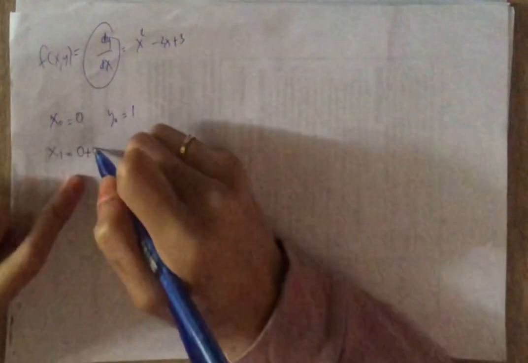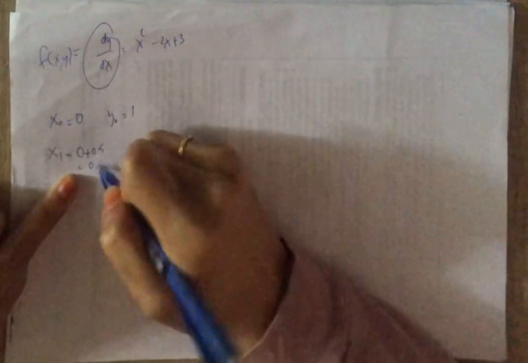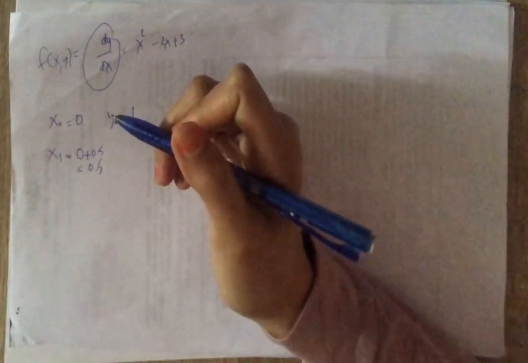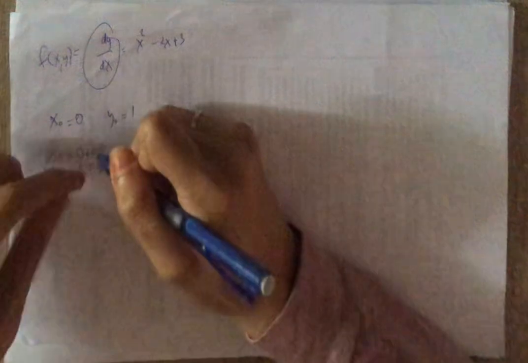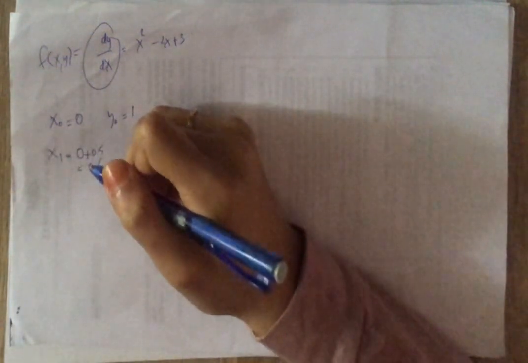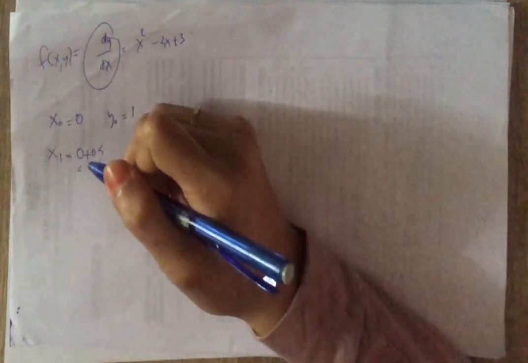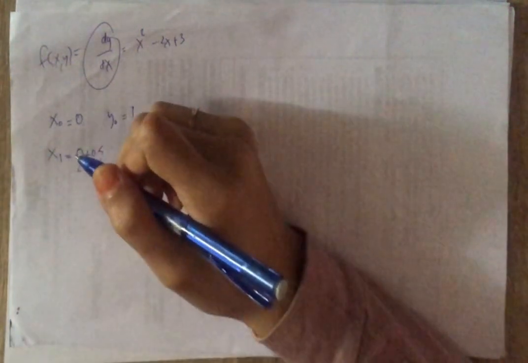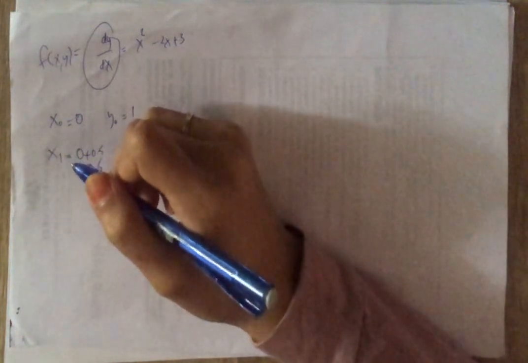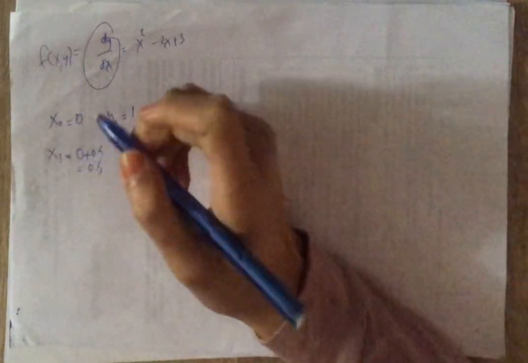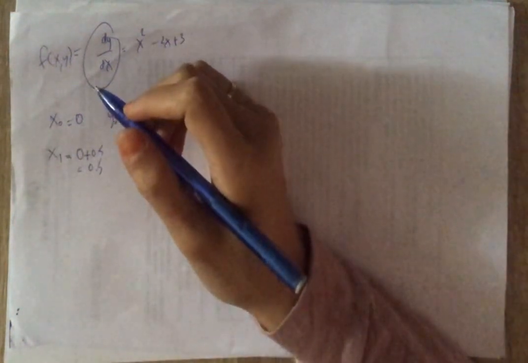What is your h? 0.5. So your x1 will be 0.5. To make it easy, tak perlu pun nak tunjuk kosong tambah ni. We know that the gap between x is 0.5. So from 0 the next point is 0.5, from 0.5 the next point is 1, from 1 the next point is 1.5. You just add 0.5 in your head.